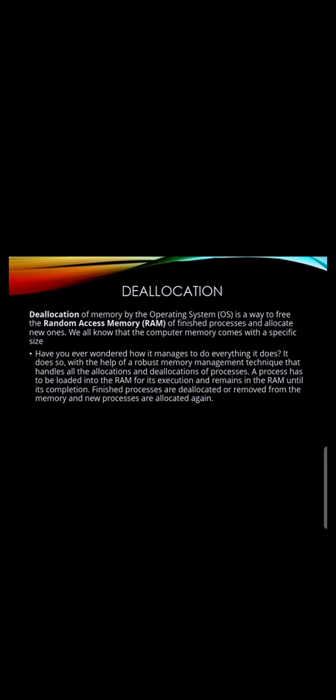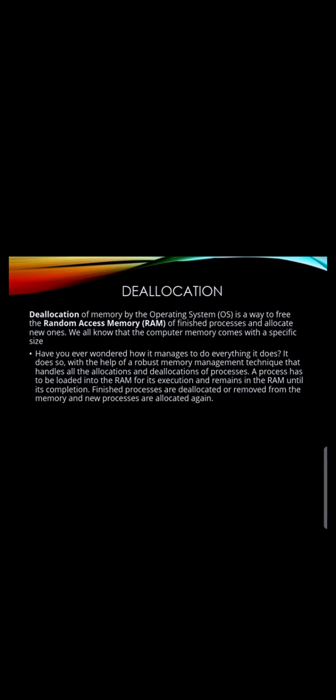Deallocation. Deallocation of memory by the operating system is a way to free the random access memory of finished processes and allocate new ones. We all know that the computer memory comes with a specific size. Have you ever wondered how it manages to do everything it does?